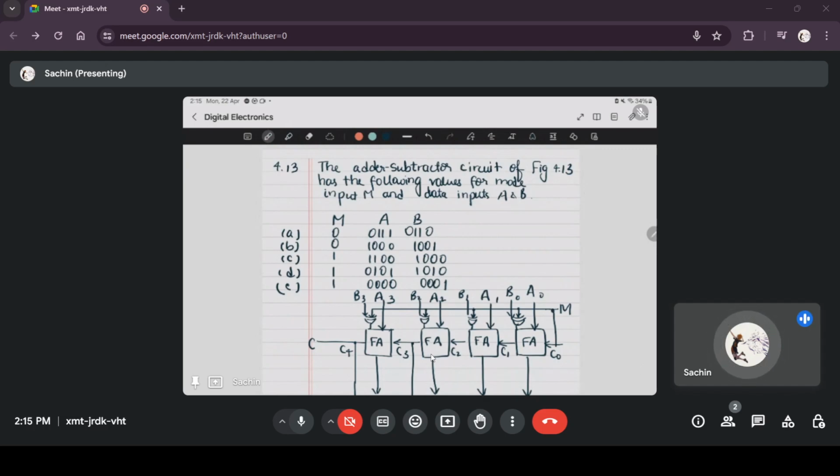But in 2's complement representation, these numbers are not actually 8 and 9. So whenever there's a 1 in the MSB, it's a negative number. So you'll have to take the 2's complement and it will be the negative of that number.